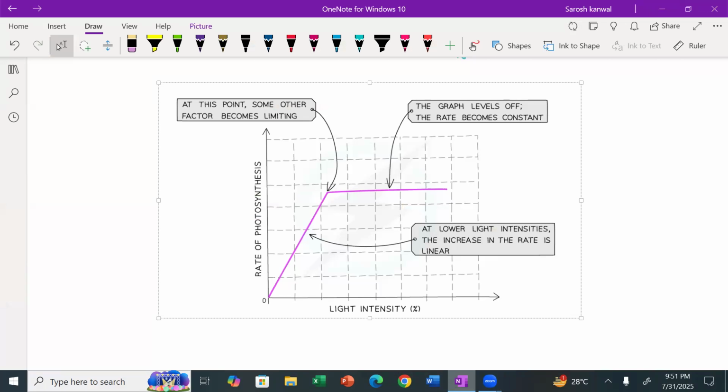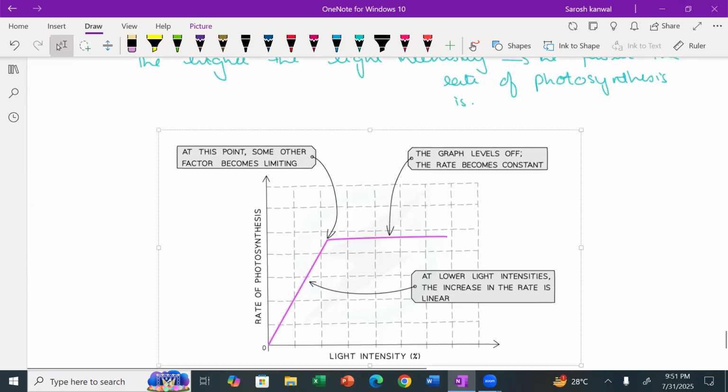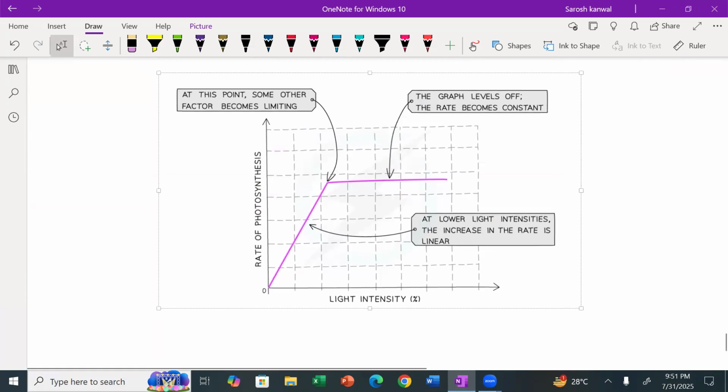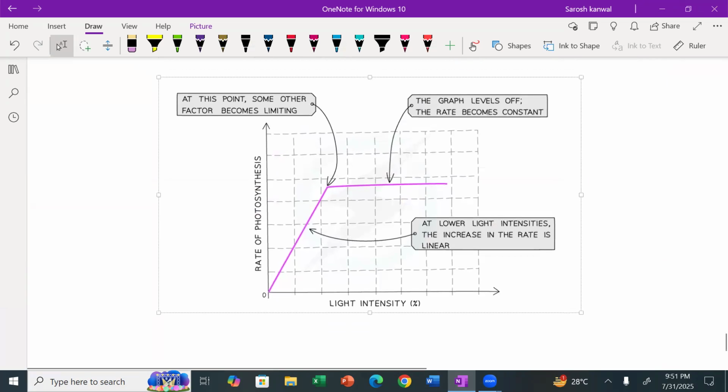Okay. Now see here. This is the graph for rate of photosynthesis and light intensity. On the x-axis we have the light intensity, on the y-axis we again have the rate of photosynthesis. At this point, first you can see a slope on this graph, right?